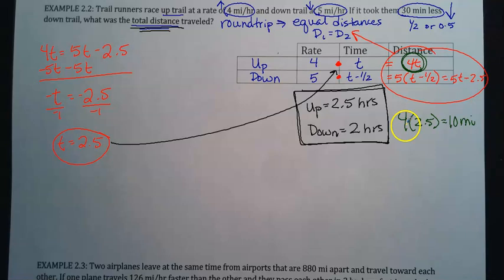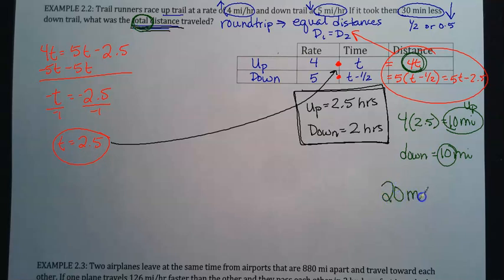So to go up the trail, we traveled 10 miles. How many miles did we travel to come down the trail? We should travel the same 10 miles. So up we went 10 miles, down was 10 miles. What's our total distance? 20 miles. So this is our real final answer.